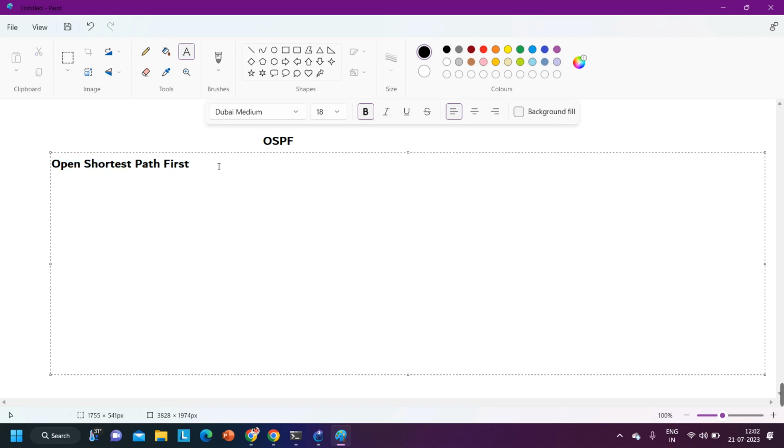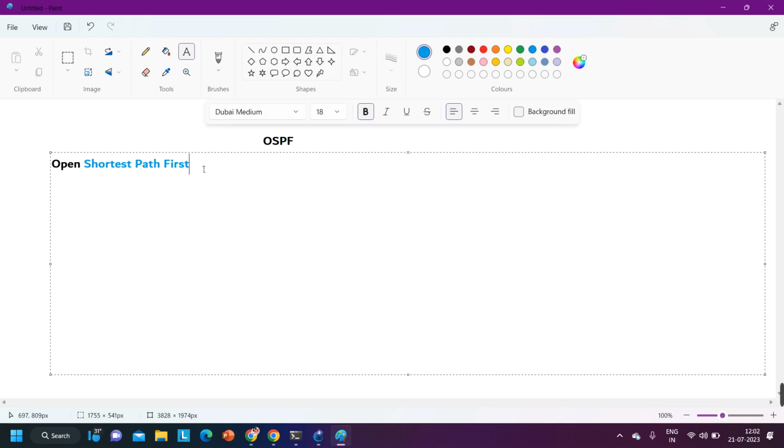OSPF is built for all organizations, so anyone can use this routing protocol in their organization. Open Shortest Path First: open means it is an open standard, and shortest path first is the algorithm in OSPF.